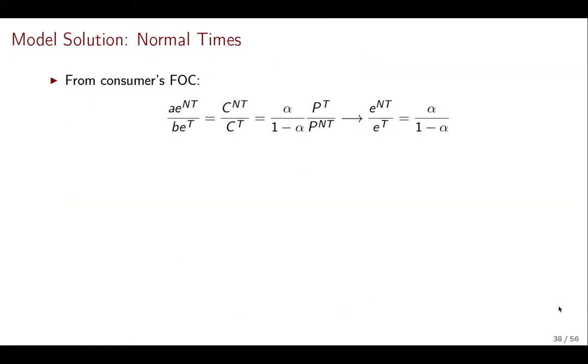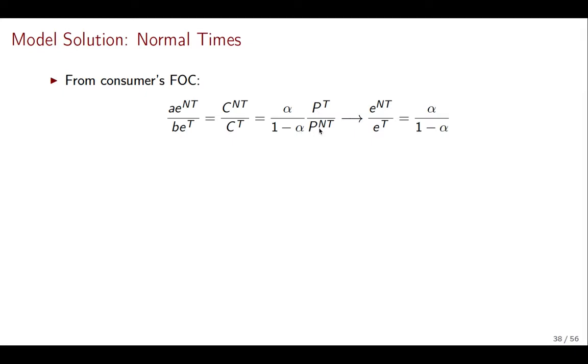Okay, next step. We can also use the first order condition, that's going to be the line just before the line I was mentioning, to get an expression for the ratio of CNT to CT. Now we know that in equilibrium, this ratio has to be equal to the ratio of outputs. So we know that CNT over CT in the optimal allocation of the consumer has to be equal to alpha over 1 minus alpha times PT over PNT.